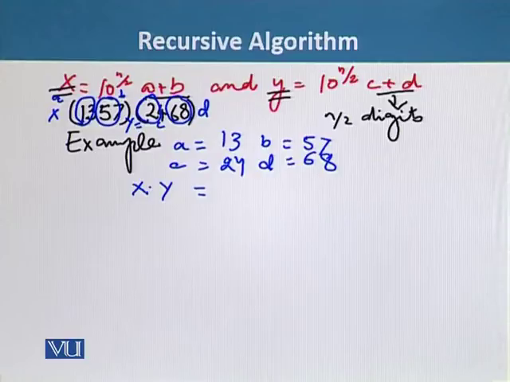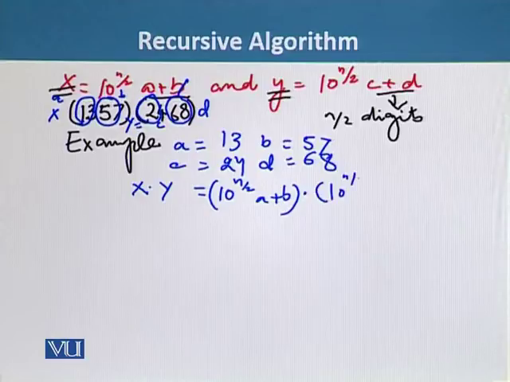So we will put these figures into this one, 10^(n/2) times a plus b, the same one here, and we want to multiply it with 10^(n/2) times c plus d. Here is y.